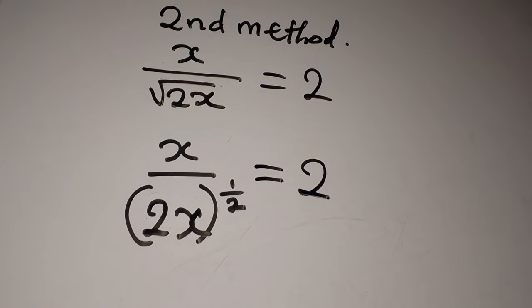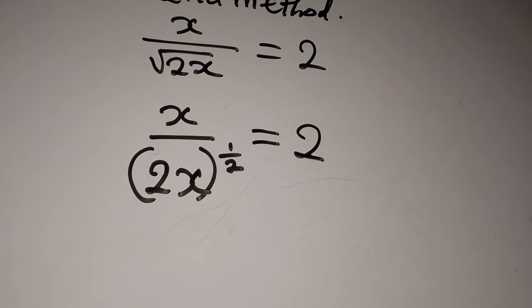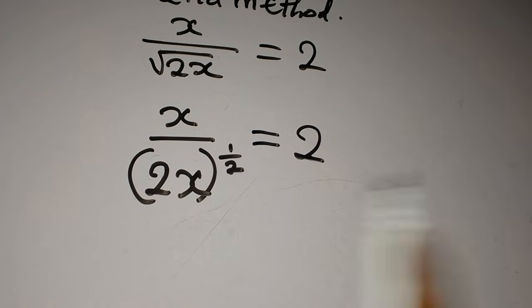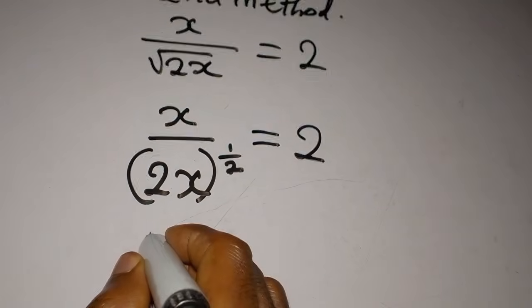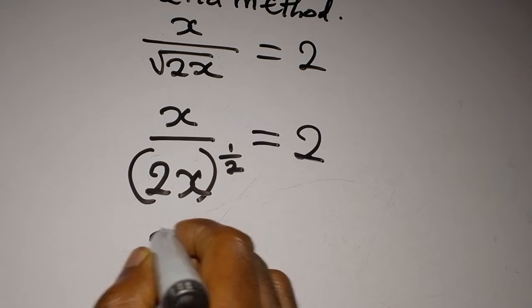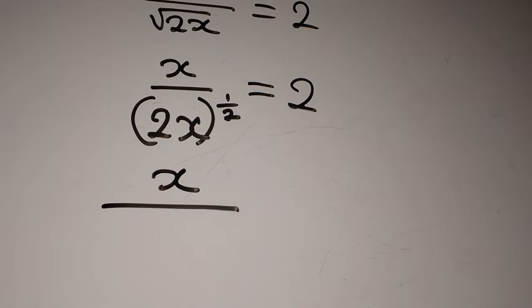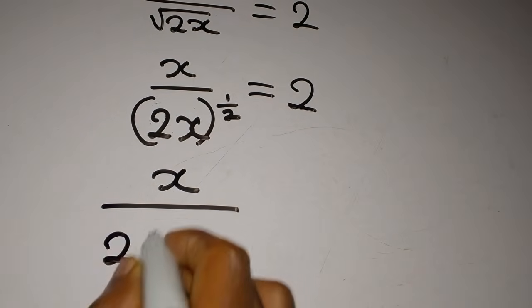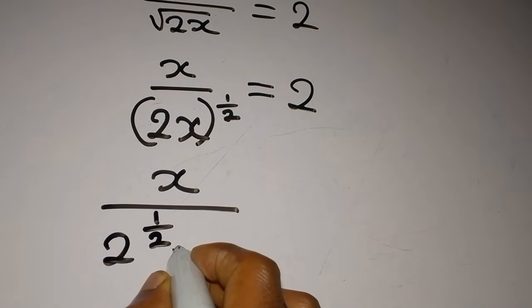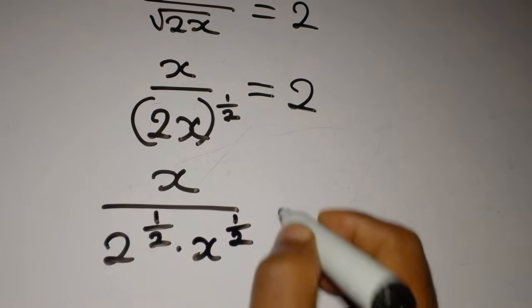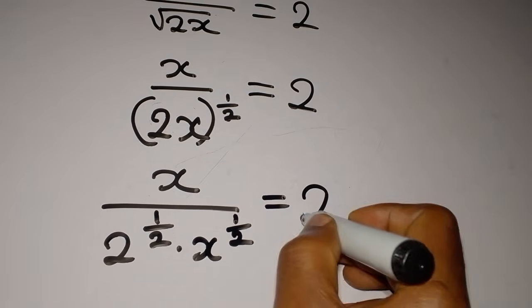And then there's also another law that we can apply to what we have here, and we're going to have x all over, on the left hand side, 2 to the power of 1 over 2 multiplied by x to the power of 1 over 2. Remember, this is equal to 2.